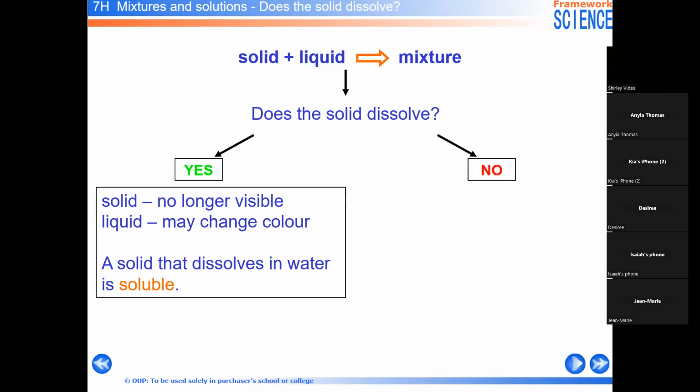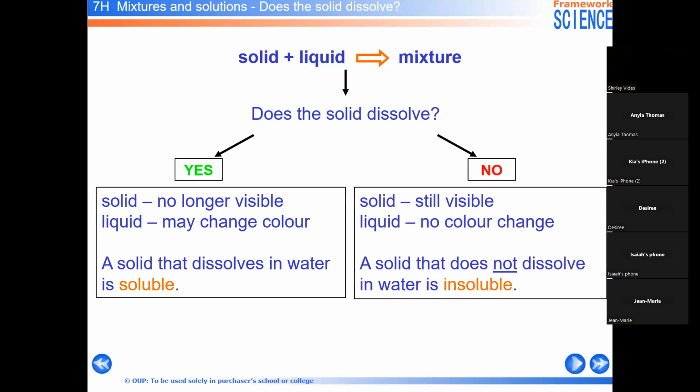If it doesn't dissolve, then you will still see the solid. There may or may not be a color change with the liquid: with the soluble one, but not with the insoluble one, because if nothing is incorporating into the solution, dissolving, then there's nothing that needs to be given off.